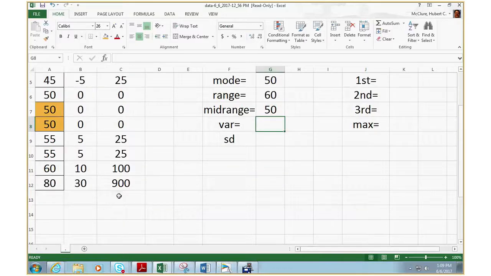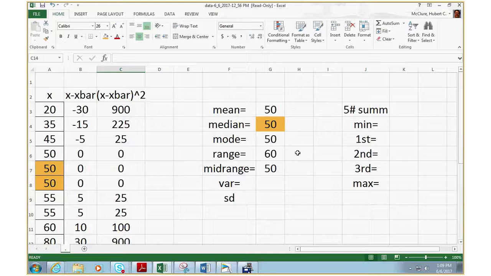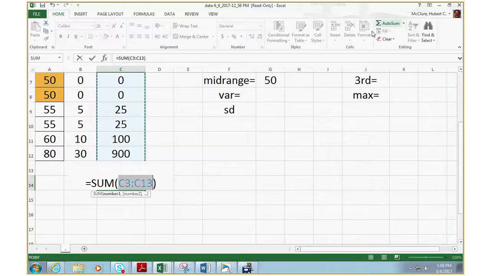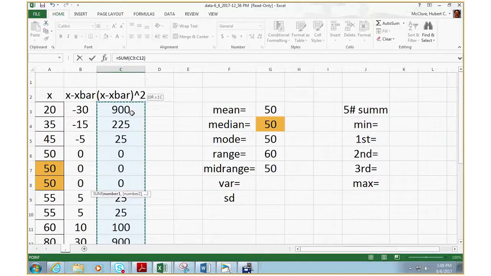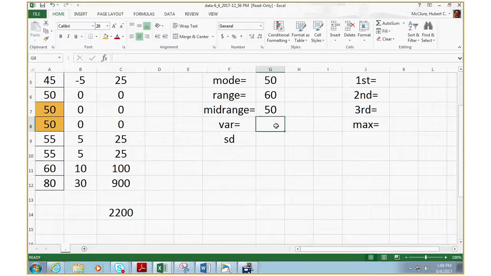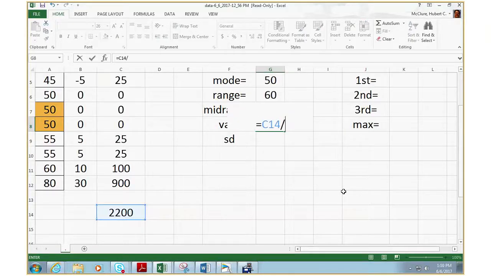All right, the variance. We got to take the summation of all of this. Now, how do you do that? Well, in the formula that I showed you, and I told you to read the formula, you take x minus x bar, you square it, and then you what? Add it up, Hubert. That's right, class. Take that number and divide by not 10, but 9, Hubert.